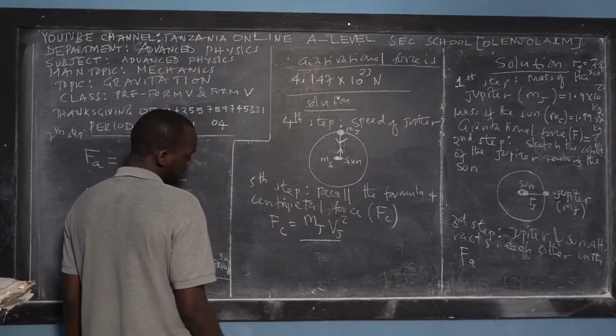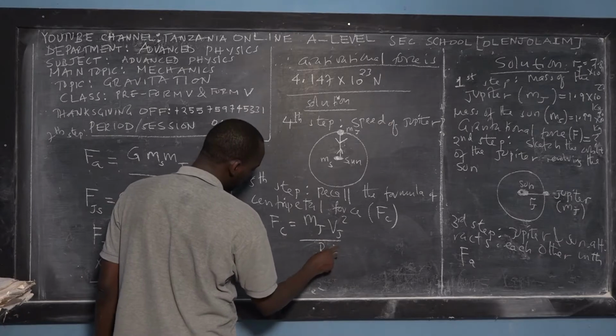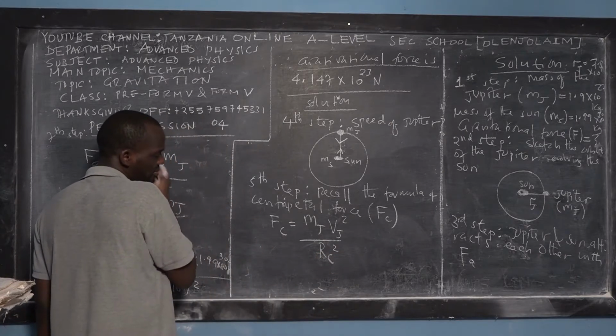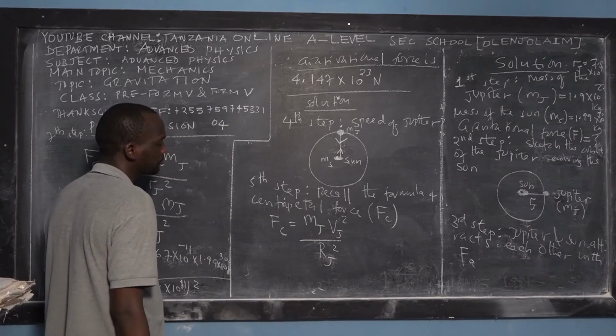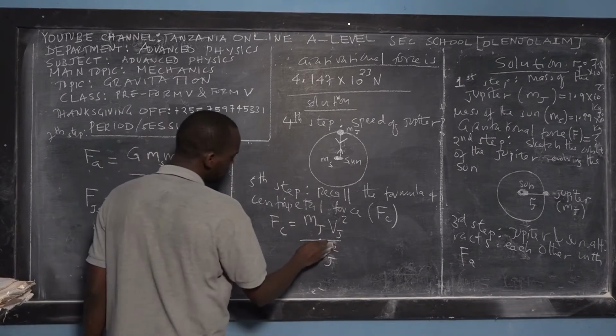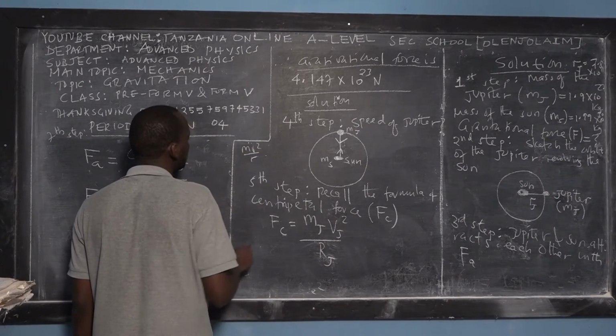Sorry, not radius of Jupiter. It's mv squared because centripetal force is mv squared over r.